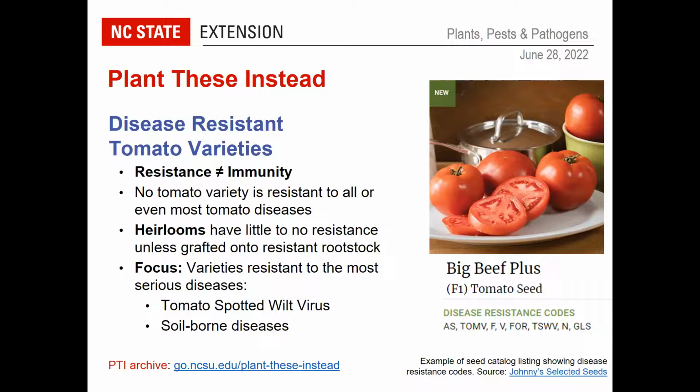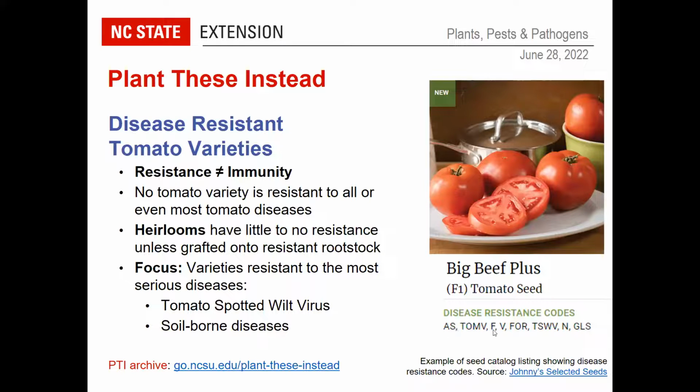There are some catalogs, definitely some companies that still are more specific, so I would try to track that information down. I actually mentioned a few on the slide and a few slides on. So the information's out there, but sometimes you have to look for it a little harder than you used to.